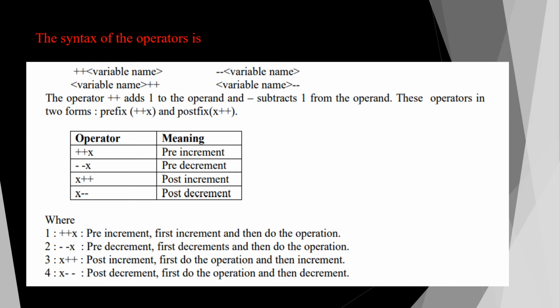Third is x++, post-increment: first it does the operation, then it is incremented. The fourth is x--, post-decrement: first it does the operation, then it is decremented. So this is about the symbols that represent increment and decrement.